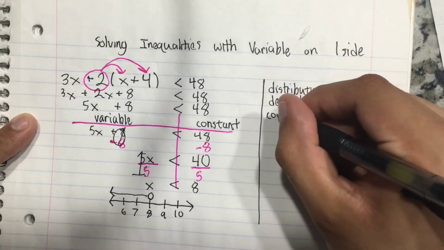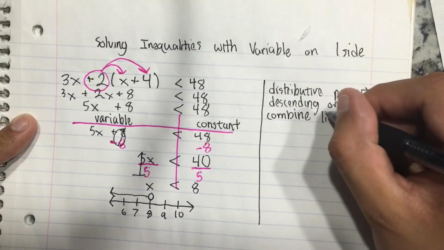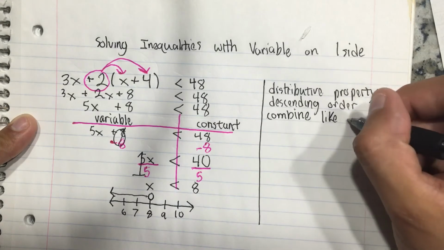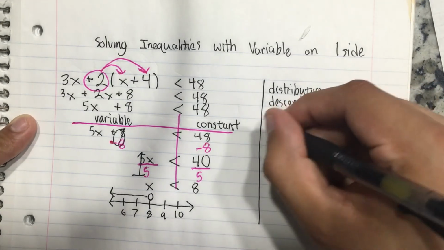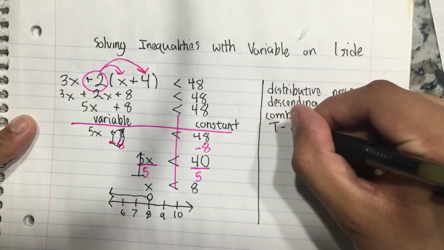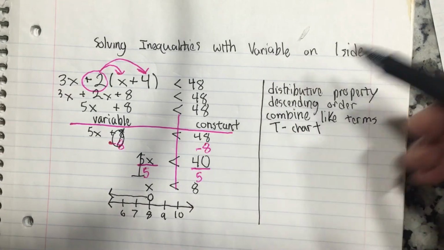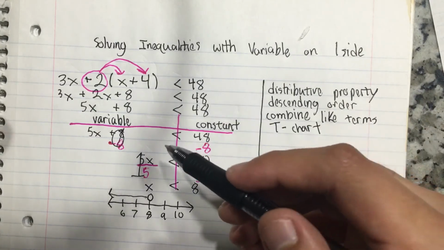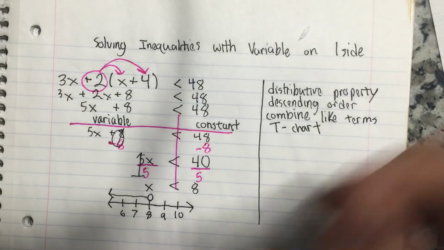Combine like terms. And then we use our t-chart. Remember, always identify the one with the greatest variable. Label that one your variable column, the other one the constant column.